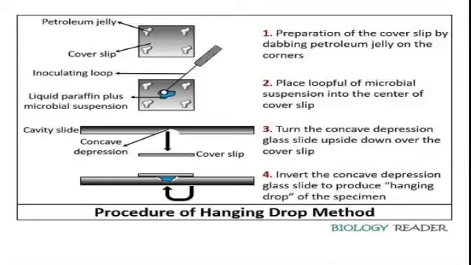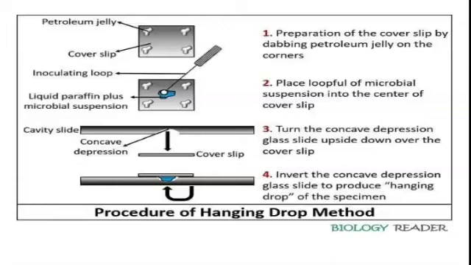Place the loop full of microbial suspension into the center of the cover slip. Then turn the concave depression glass slide upside down and cover the cover slip. Then you invert the concave depression glass slide to produce a hanging drop of the specimen. So in this concave depression, the drop of the solution will go and sit in the concave depression.